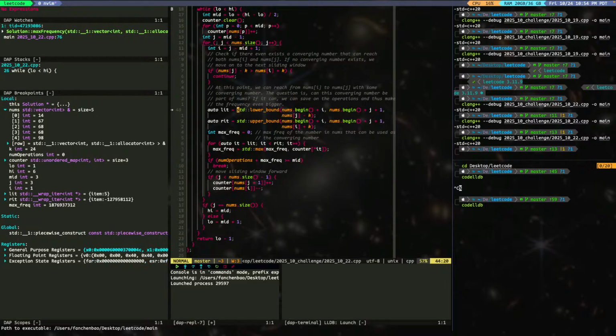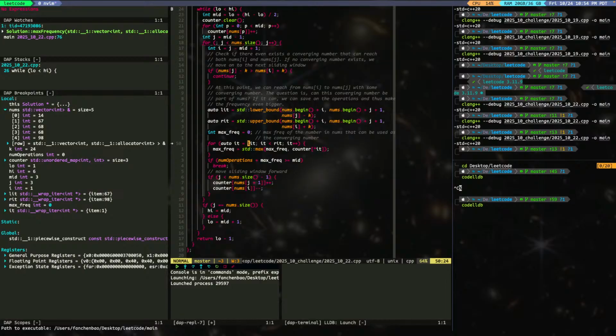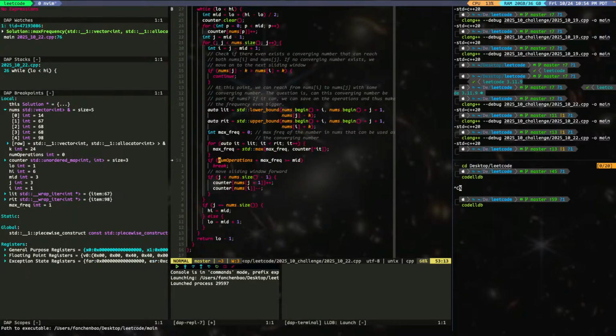Yes, this is 67 and 98. But we don't reach 98. Right, so max frequency should be 2. Max frequency is 1.